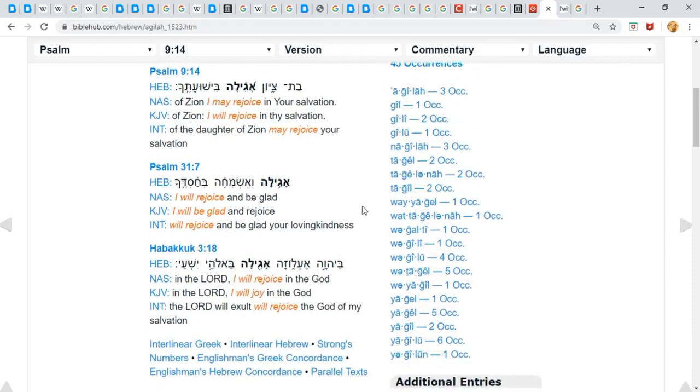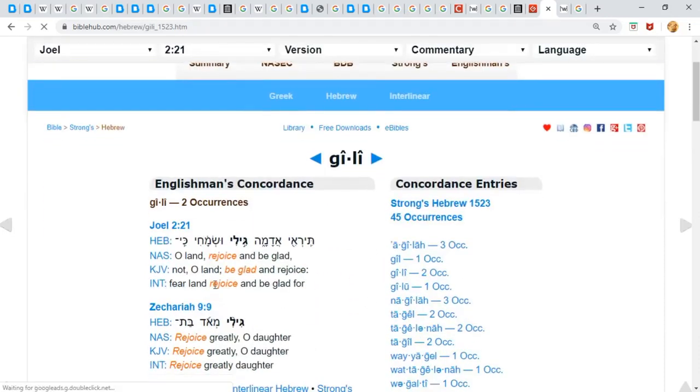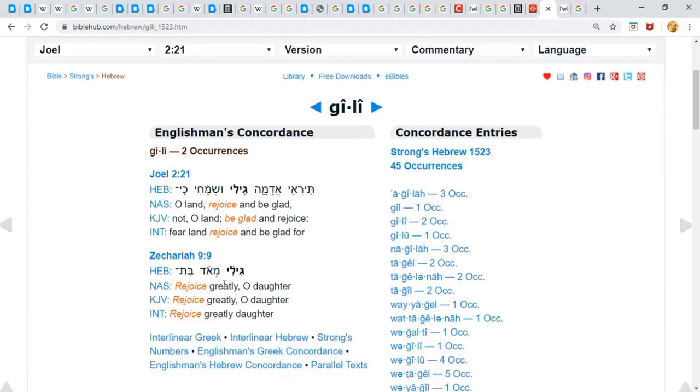We can see that that's where your word Gilly. Well, she's so gilly, she's happy. To be glad, rejoice, the gilly. The foot, to rejoice so greatly, O daughter. The gilly mad, mad as in madly, very much.